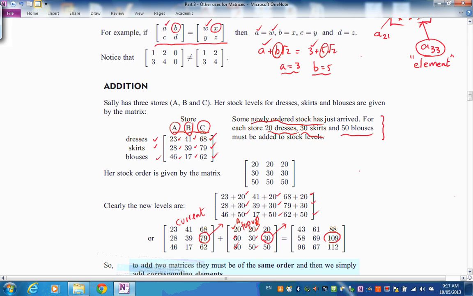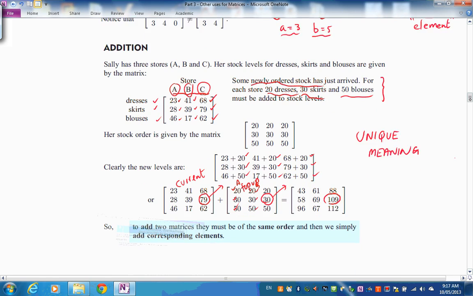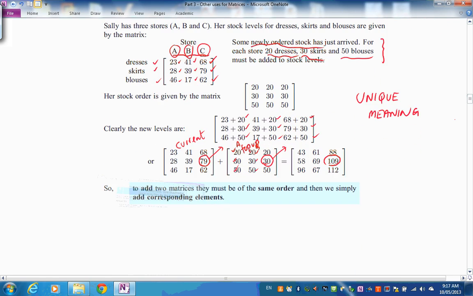As long as everything matches, remember, unique meaning for each element in a matrix. For each entry, unique meaning. Okay, so let's look at the little rule down here. To add two matrices, they must be of the same order. That is, same number of rows and columns, same number of elements. And then we simply add the corresponding elements.